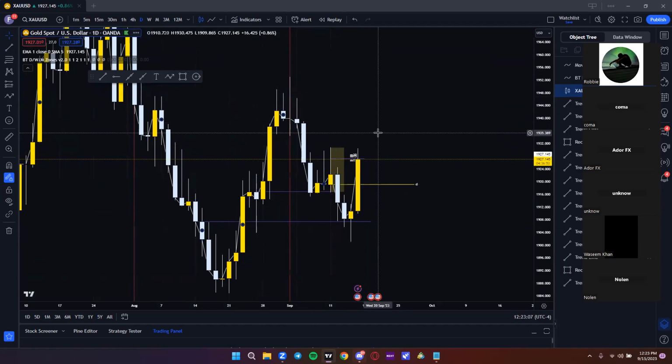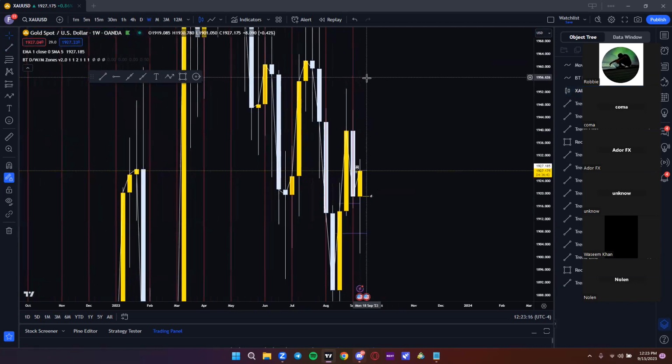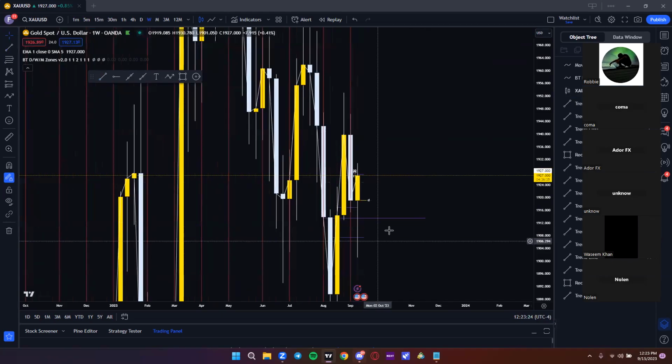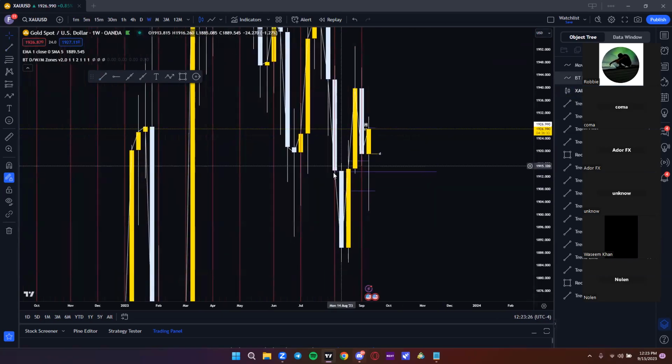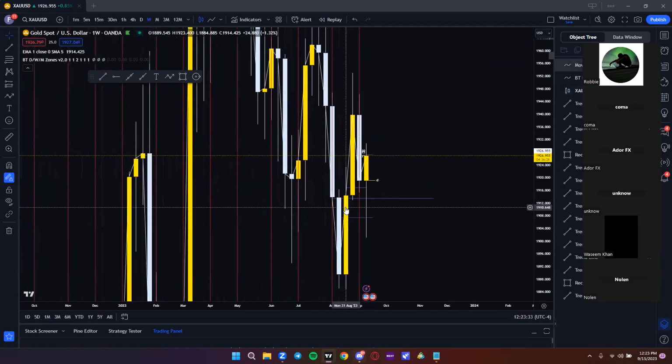So if the day were to end like this, we would look at daily and consider a few details. We can see that weekly is rejecting a weekly type 1, but we also have to observe, what did this type 1 break?